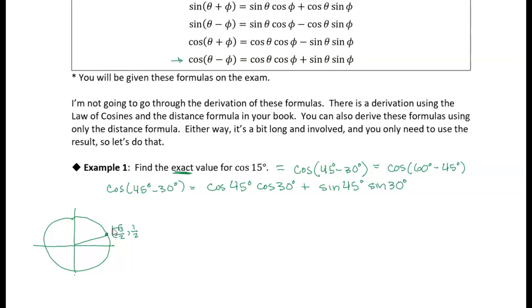Those are the coordinates which give us the cosine, square root 3 over 2, and the sine, which is 1/2. Okay, so that's 30 degrees, and if I want 45 degrees, let me draw that one in. And the coordinates there are square root 2 over 2 and square root 2 over 2.